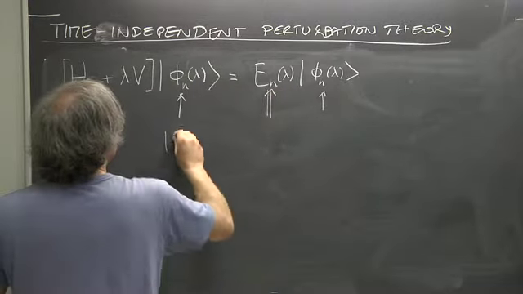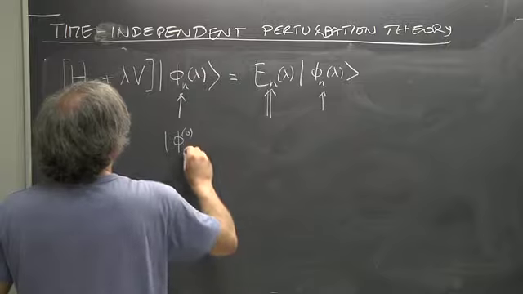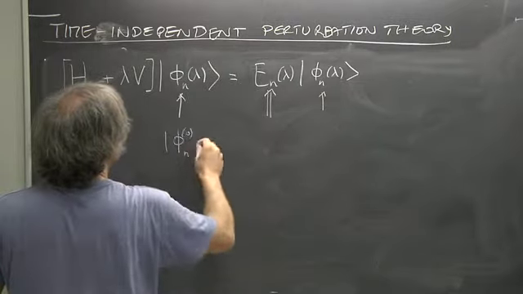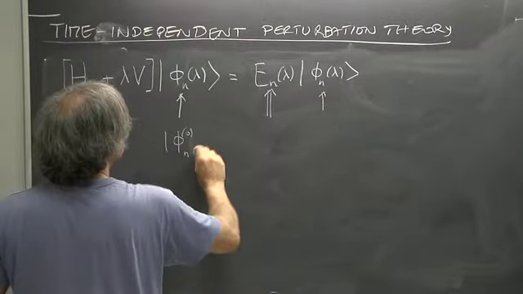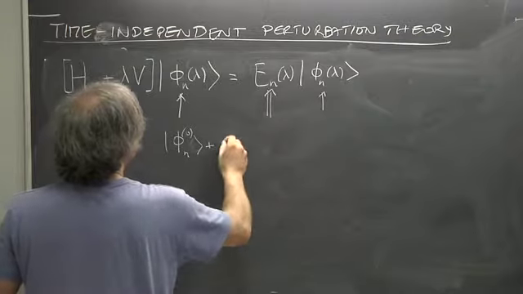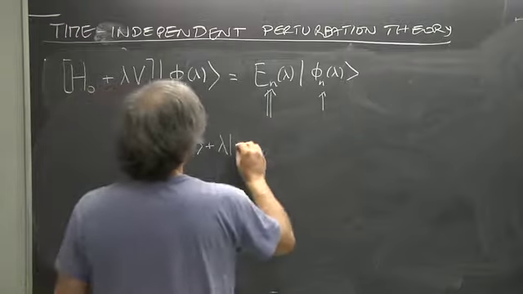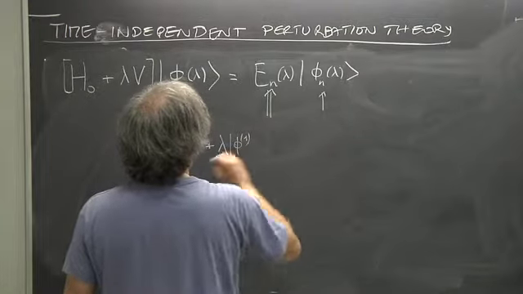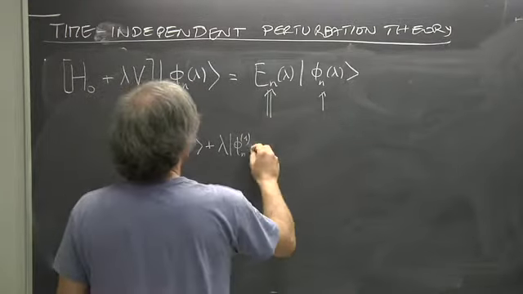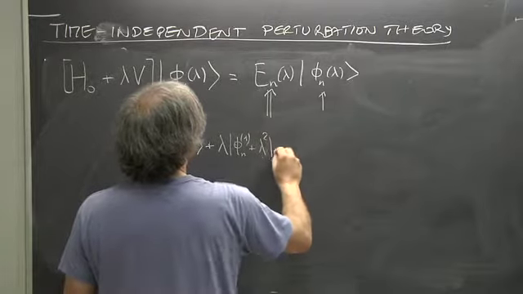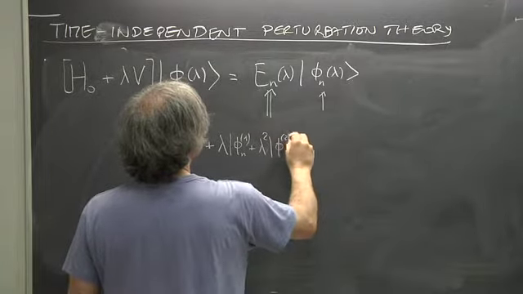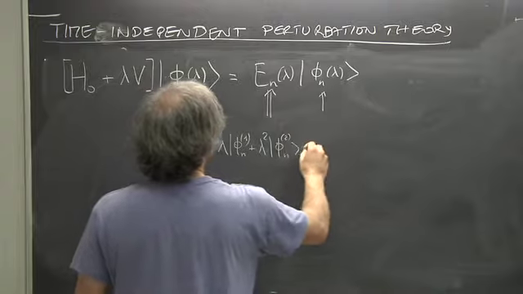So let's see. This should be the unperturbed state, when lambda is equal to 0, plus lambda, first order expansion, times some other state which I call phi 1, plus lambda squared, some other correction state, which I will call phi 2.